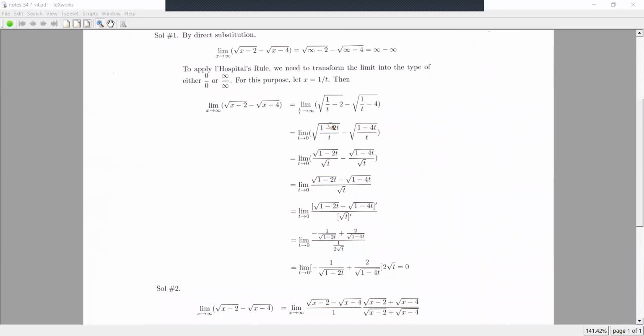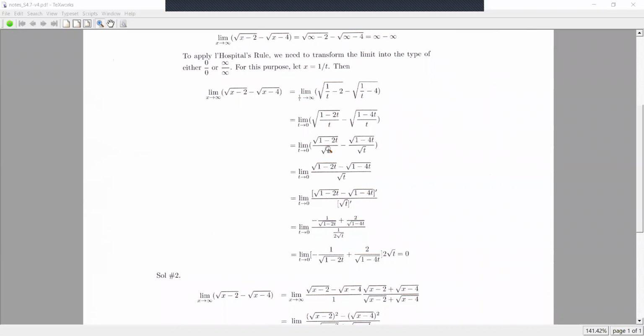The square root of a fraction is the fraction of square roots. Because these two terms have equal denominators, I can combine them to get this limit.